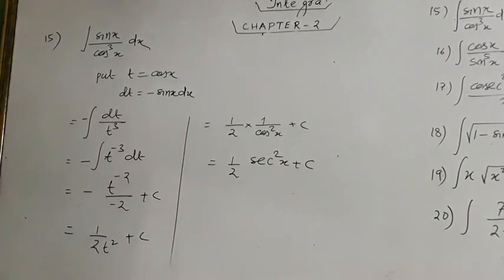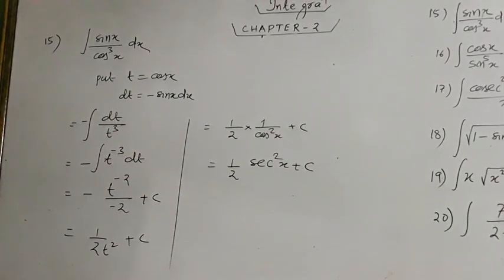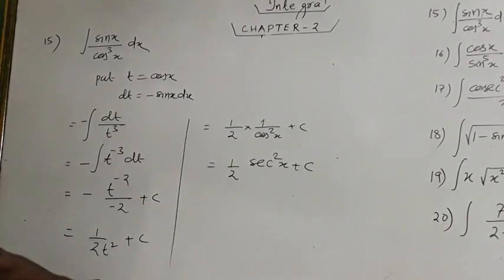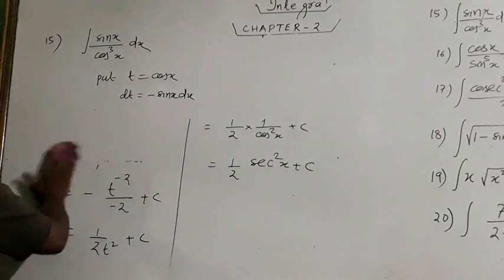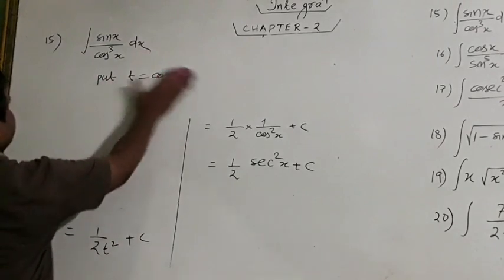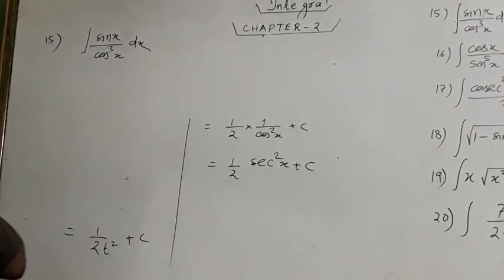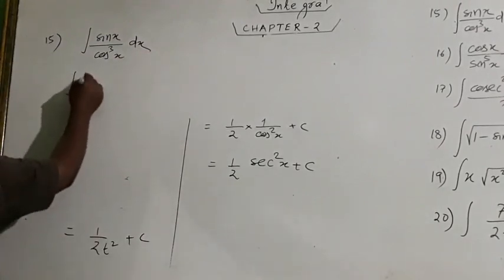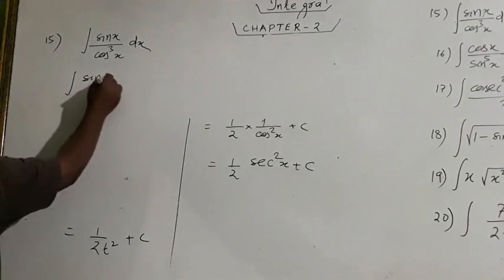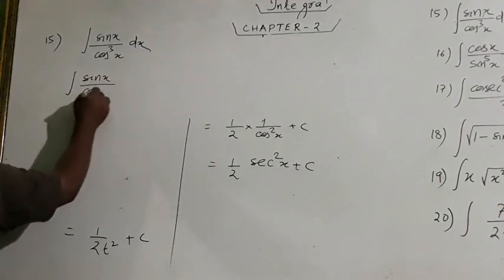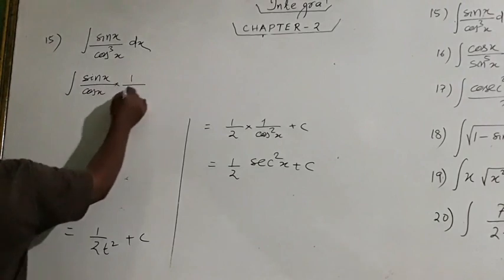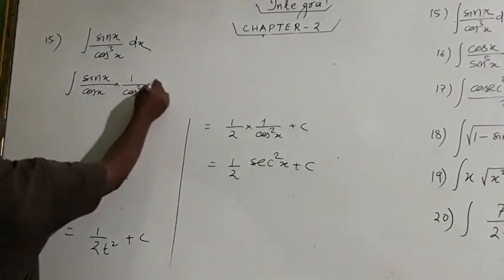In another method, you can do this problem also. Suppose I am taking this problem in this manner, not putting anything. Look at this point. I am doing sin x by cos x into 1 by cos square x.